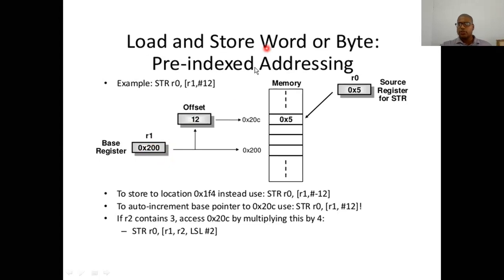Then I need to add the contents of r1 with 12, as written in the instruction. So it is 200 and I am adding 12. Then I should get 212. But here we are using the hexadecimal number system, where A means 10, B means 11, C means 12.